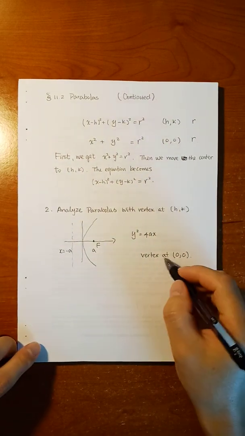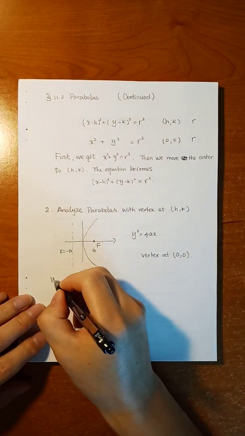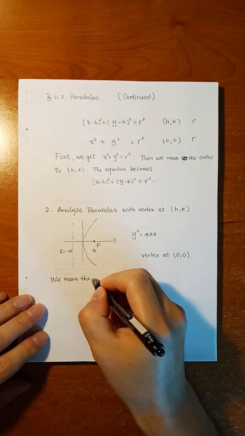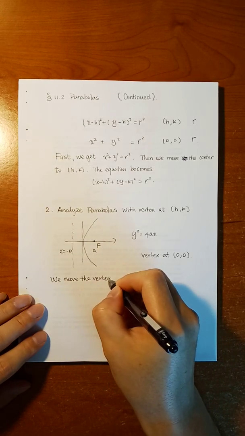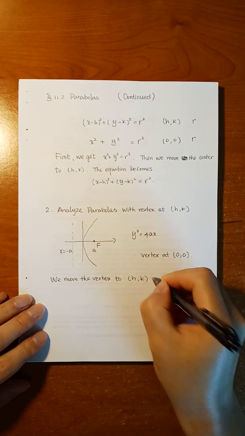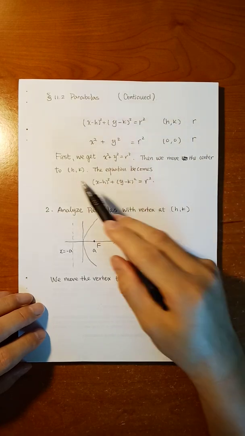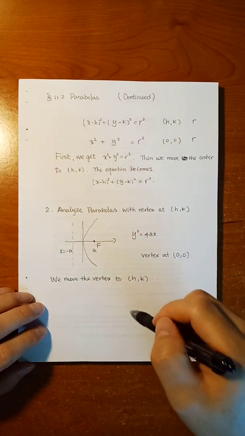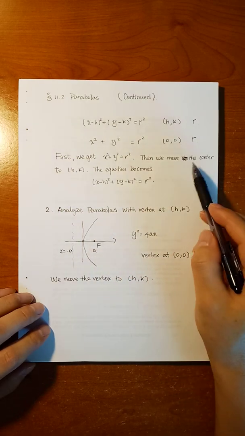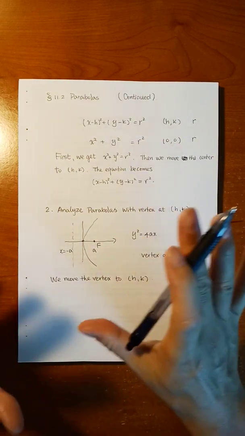Now we are going to move the vertex to (h, k). Here we move the vertex to (h, k), just as we moved the center before. The vertex at the origin plays a similar role as the center, even though it's not the center.